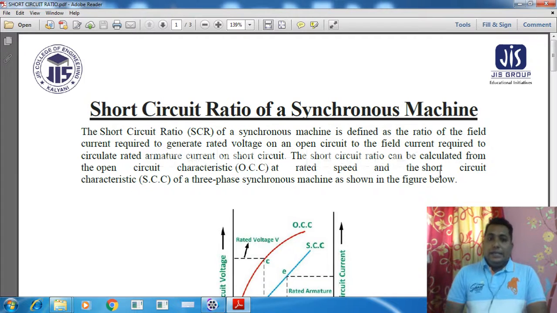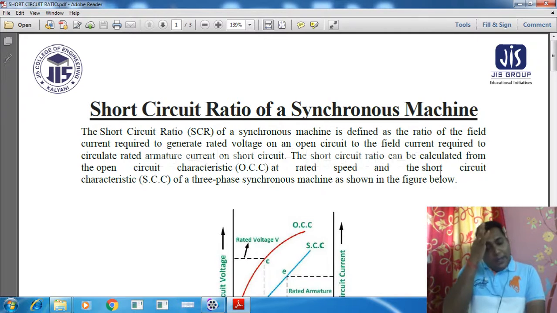So as you can see, today's topic is the short circuit ratio of a synchronous machine, or the alternators. This topic is related to the open circuit test and short circuit test of an alternator that we have done for the determination of the regulation.